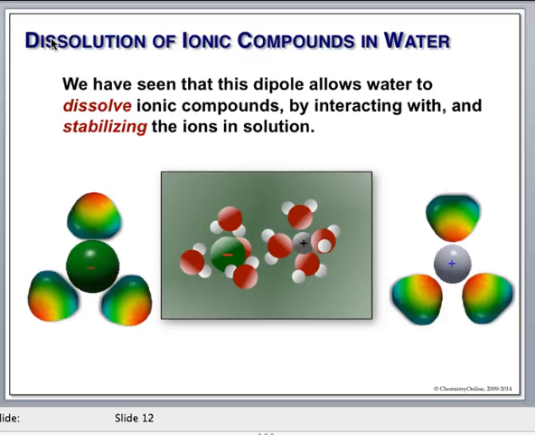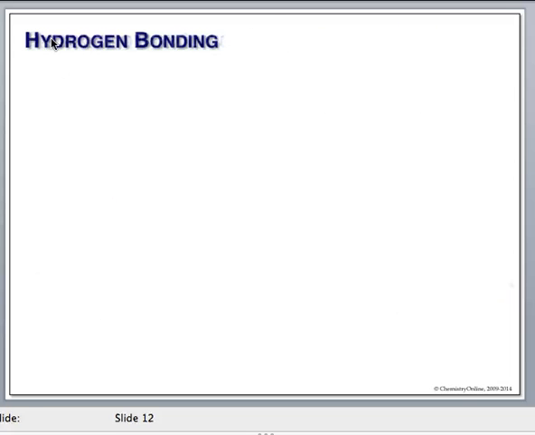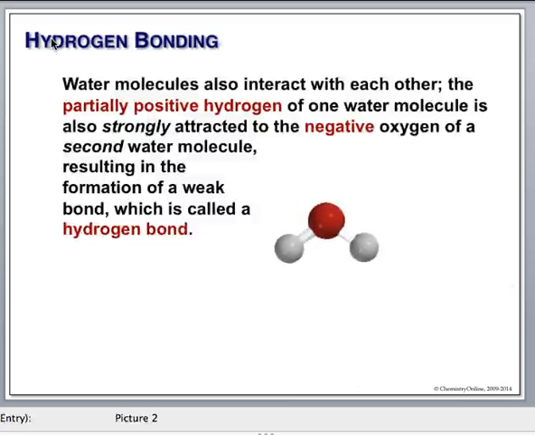All right, well, if water can interact with ions and do something as remarkable as take ions and put them in solution, it makes sense that water can interact with itself. Let's start off just with a molecule of water. We know that the OH bond is polar.